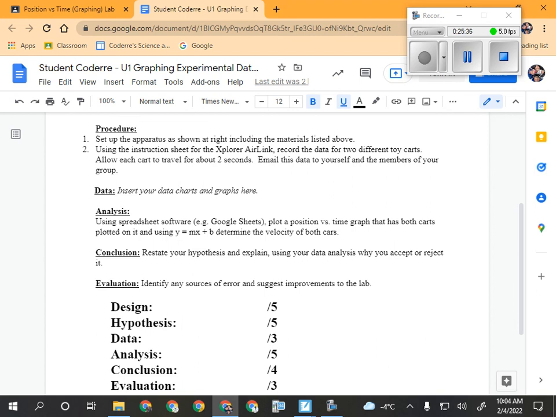We want you to find those things. The best place to look for sources of error is your controlled variables. You're going to say in the controlled variable part, this is a controlled variable, this is how it was being controlled. In your evaluation, you want to say, this is how it was controlled, but it wasn't perfect, and this may have still affected it in this way, and here's how we could fix it.